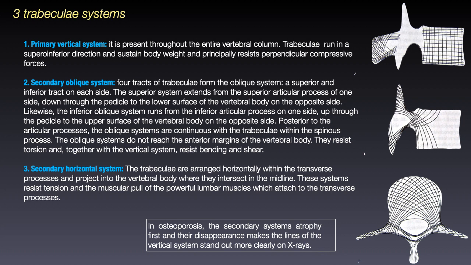Okay, but it doesn't affect the cells that resorb, destroy the bone. Okay, because the bone is a living system, so constantly it's being changed. So in osteoporosis, the cells that remove bone, they work at their normal pace, but the ones that rebuild the bone, these are affected. Okay, so the result is that we lose bone.